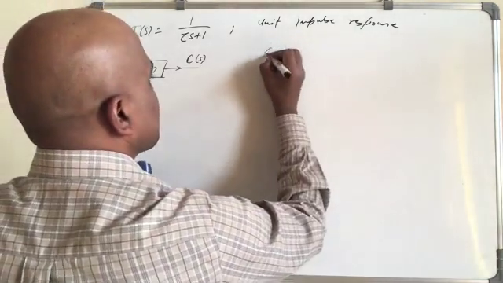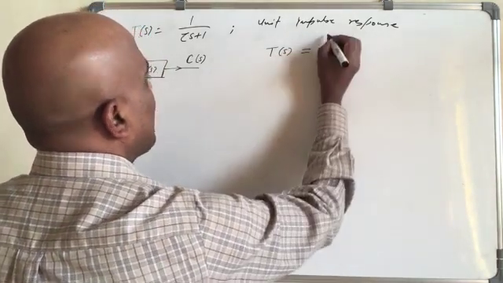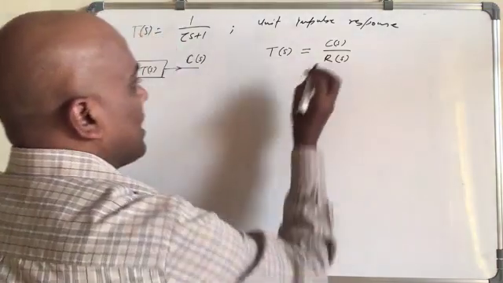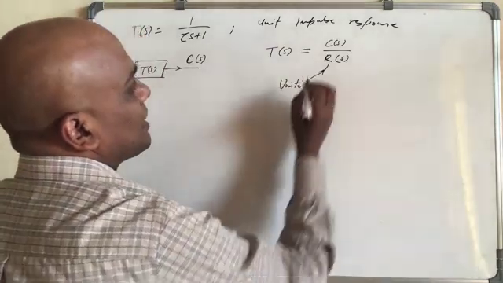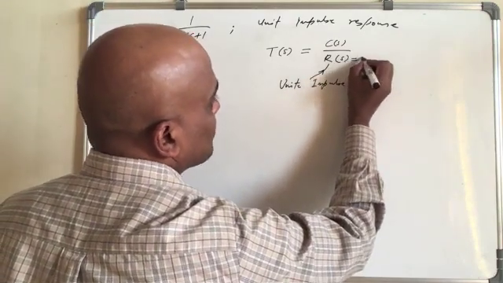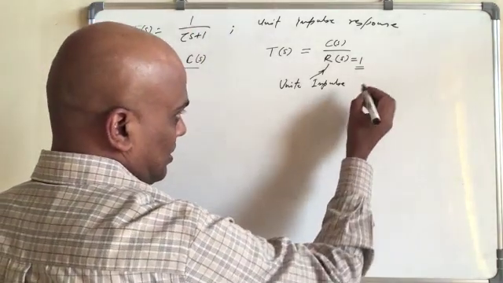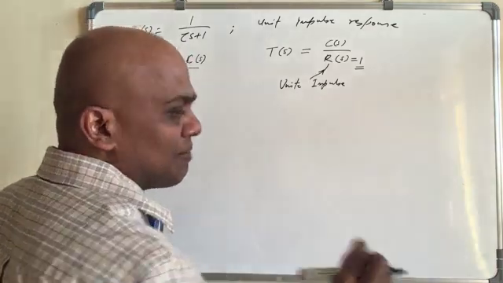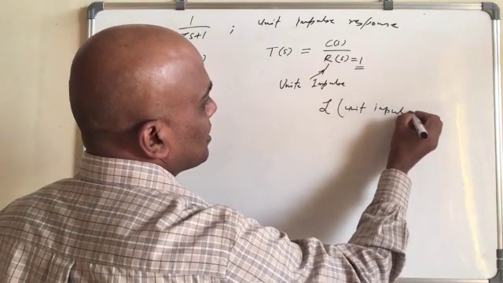Since Ts is given by output over input, if R represents a unit impulse, then Rs simply becomes equal to 1, because the Laplace transform of the unit impulse is equal to 1.